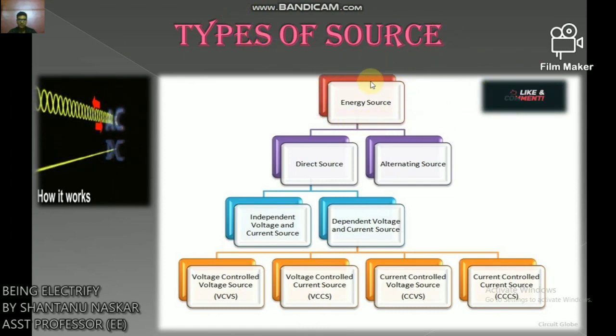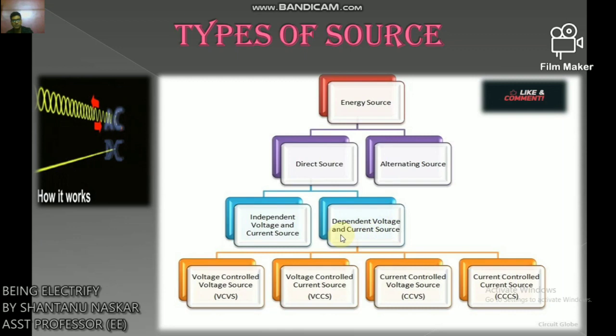First is the energy source, and there are two types of energy source: direct source, which is DC, and alternating source, which is AC. The direct source can be classified into independent voltage source and current source, and dependent voltage and current source.